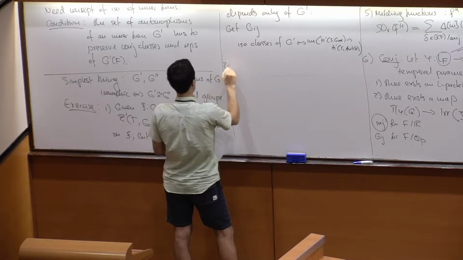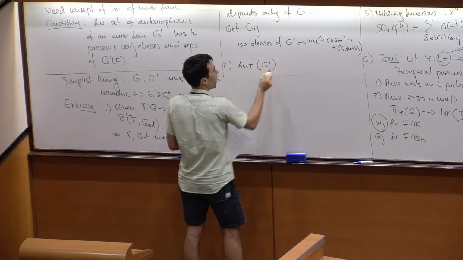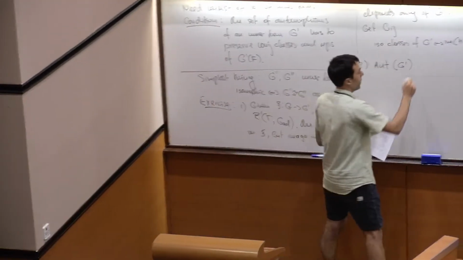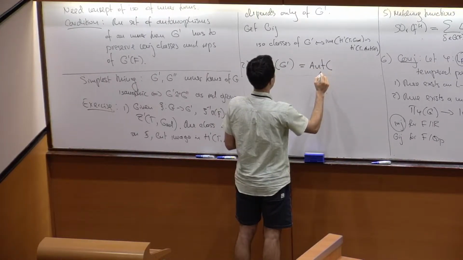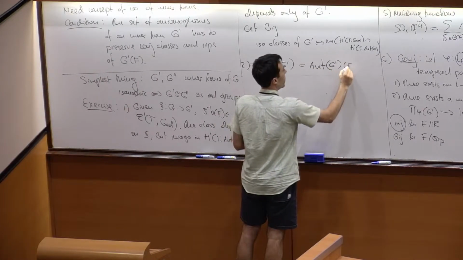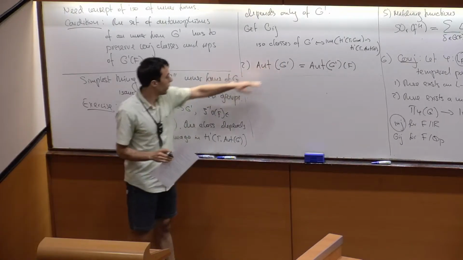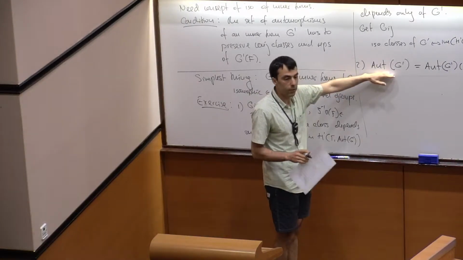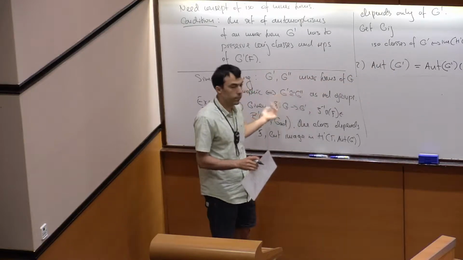And then two, the automorphism group of G' under this notion of isomorphism is literally, okay, I have a conflicting notation here. Under this concept of isomorphisms, the automorphism of an inner form. But of course, isomorphisms for me are just isomorphisms of algebraic groups.